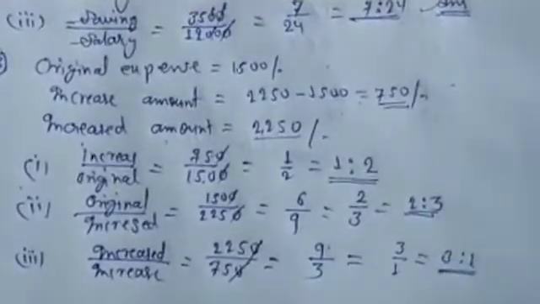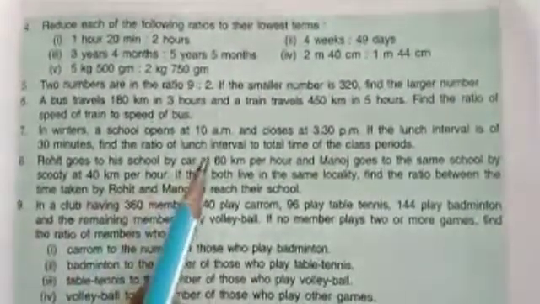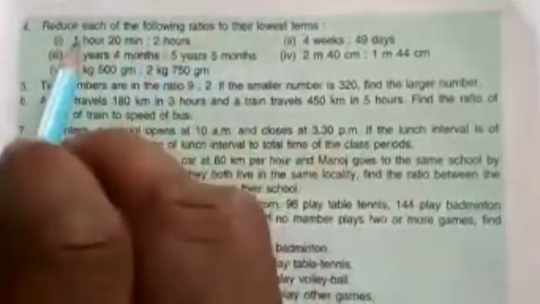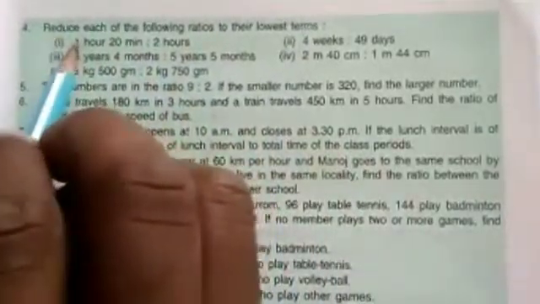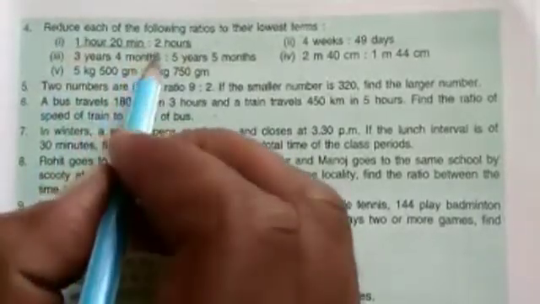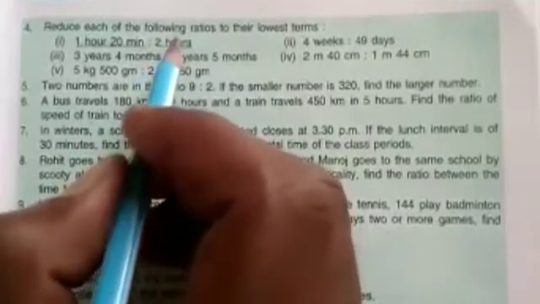Now question 4 of this exercise. Fourth question is reduce each of the following ratios to their lowest term. If these quantities are not in their lowest term, this is not called a ratio, because a ratio is also a fraction, but in its lowest term.